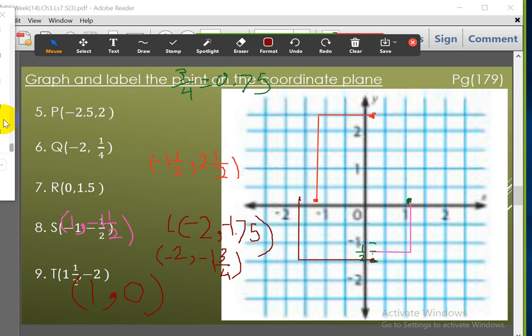Now, in this example, I want to graph and label the points. I will erase those first.